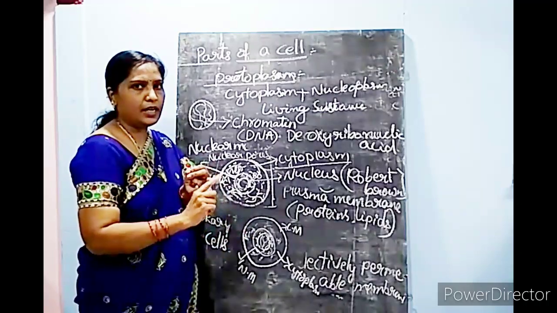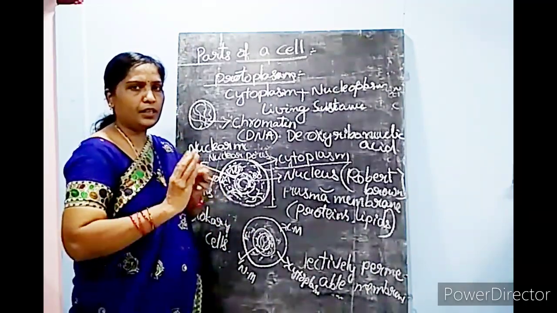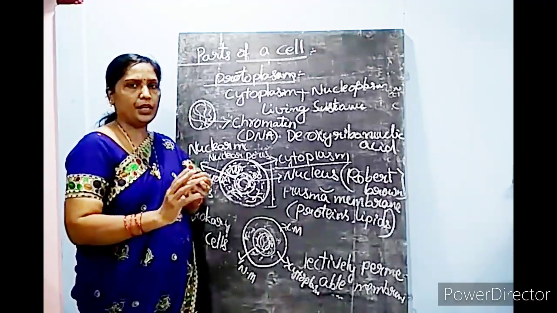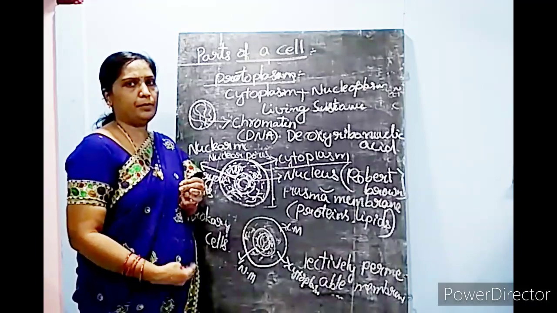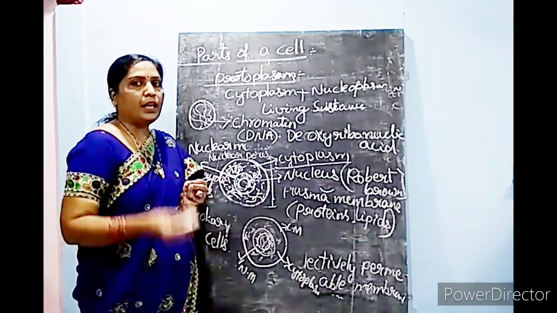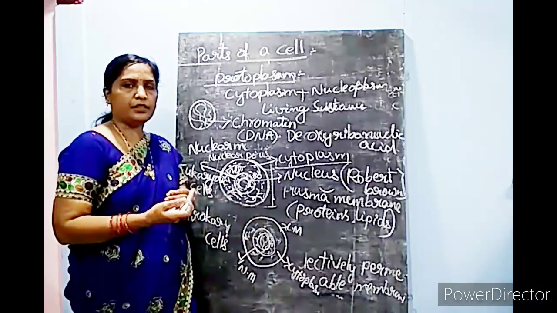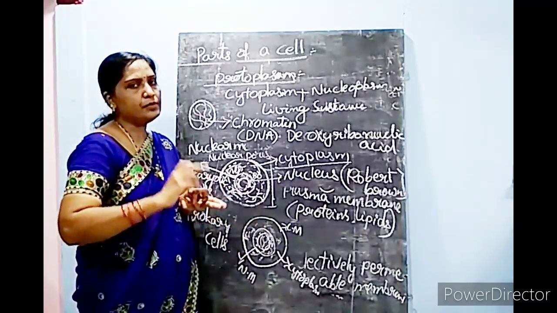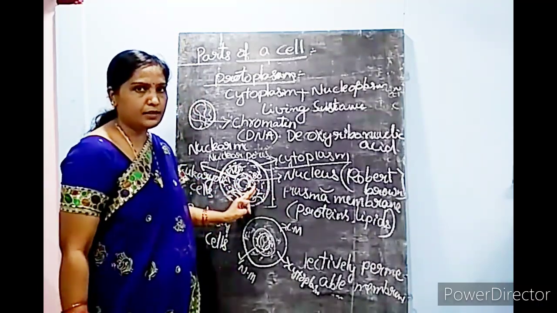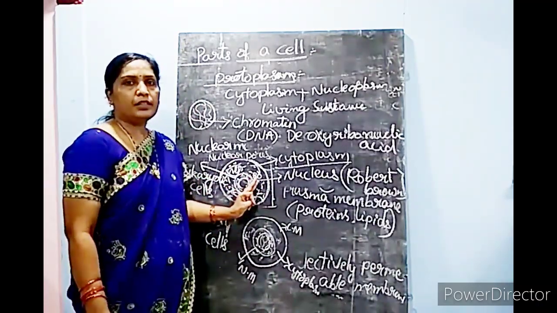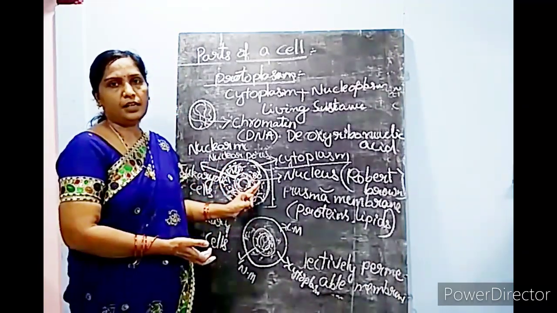It is also called a selectively permeable membrane because it allows selected ions to move in and out. That's why it got the name selectively permeable membrane. The functions of the cell membrane we discussed clearly. Next, cytoplasm is the jelly-like substance between the nucleus and the cell membrane, and all the cell organelles are present in it.